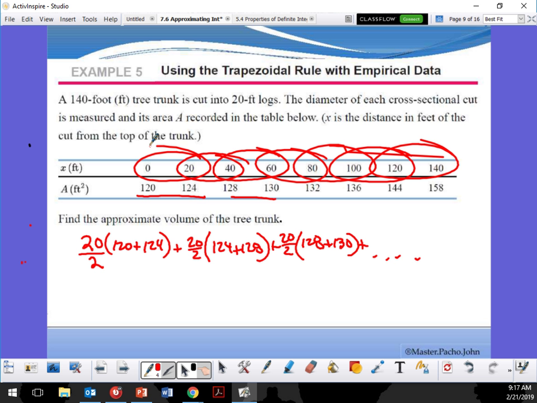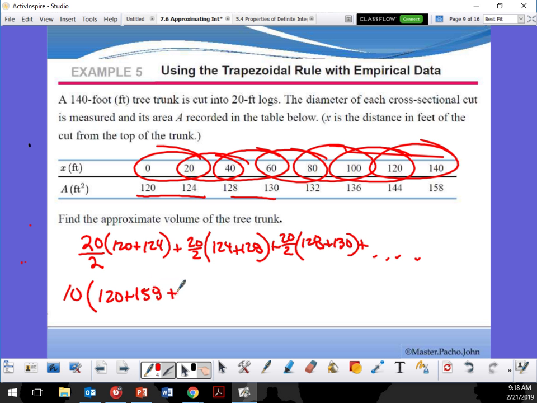So let's take it out and let's call it 10. This is 10. And since they are uniform, what is my function going to look like if I'm going to use the function that we made the other day? How many times do I use the first value? Once. So it's going to be 120 plus, how many times do I use the last value? Once, that one's also once, right? So it's going to be, no, that's 158.